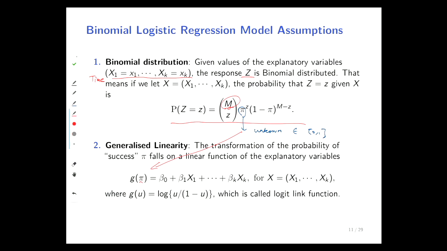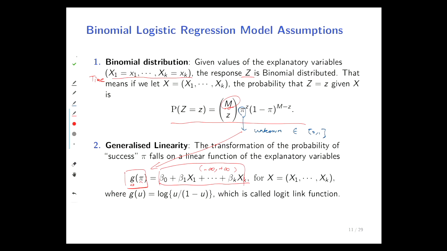But on the other hand, on the right side of the equation, this linear combination can take values from minus infinity to plus infinity. So we still have this mismatch problem. What we need to do is something similar to the binary logistic regression model: use a link function to match the range of both sides of the equation.